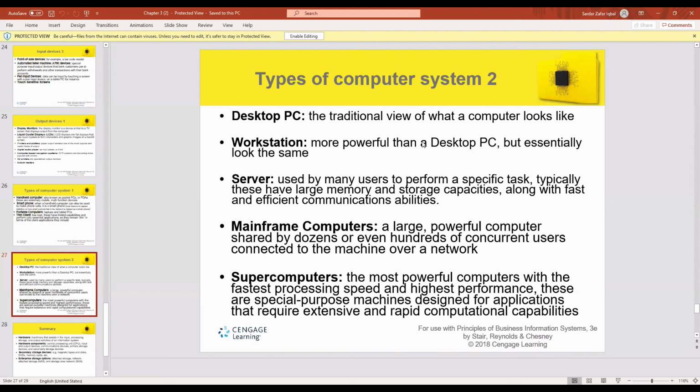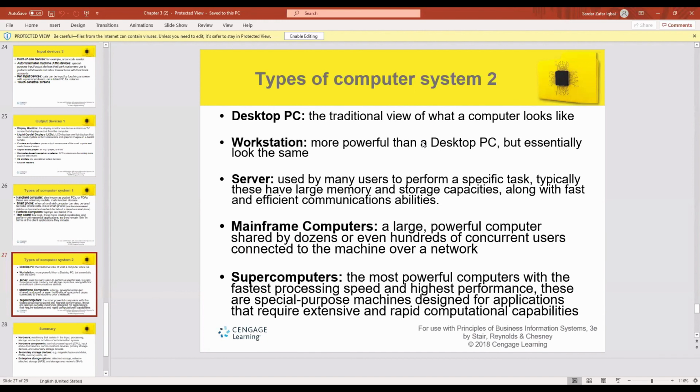So when you are requesting from home or from office, you are working as a client. You are requesting data, and the server will process your request. A server is a large computer with large memory and storage capabilities that stores the data, and it also has communication abilities. It replies to you and processes your request. Is that clear, guys? Clear.